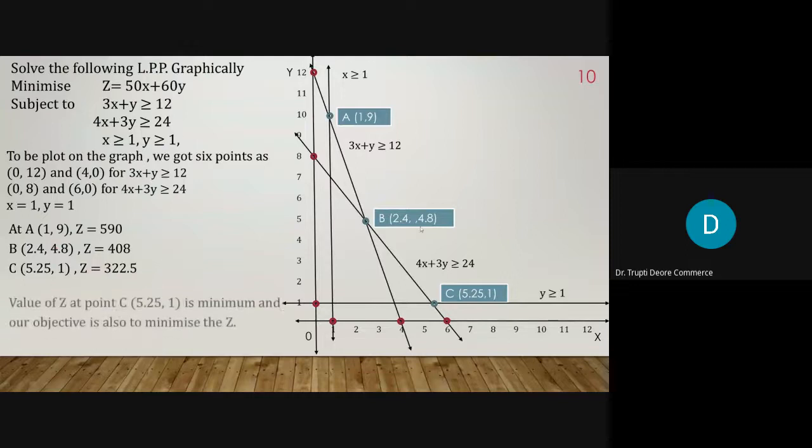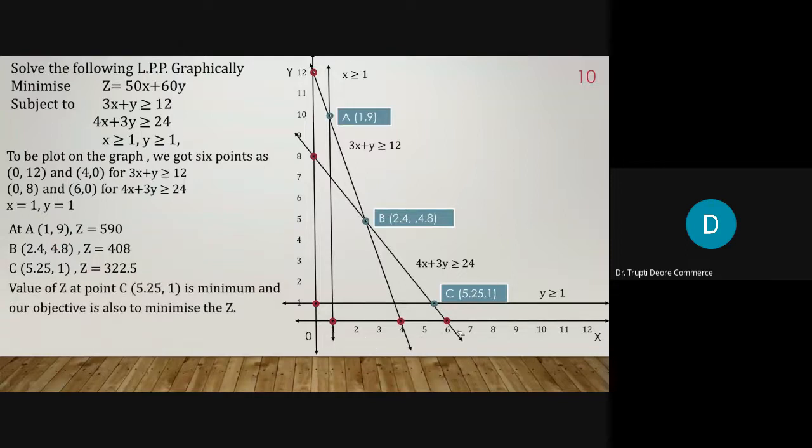So value of Z at point C, 5.25 and 1 is minimum, and our objective is also to minimize Z. Therefore, the value of x will be 5.25 and y will be 1 for the optimal solution for the given LPP. It is called a solution by the LPP method.